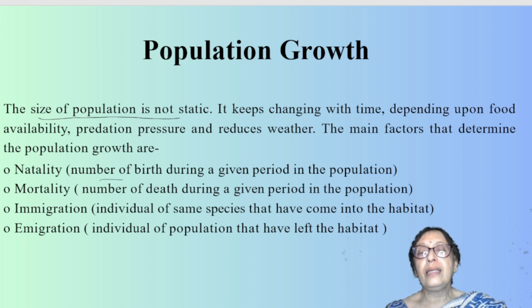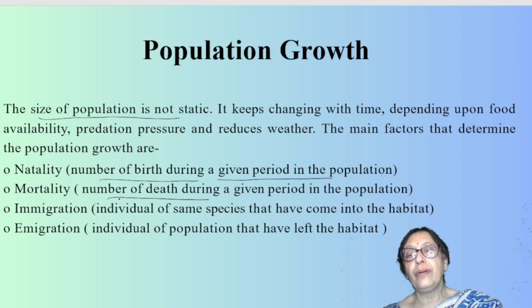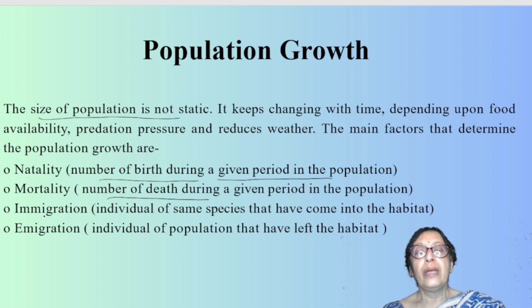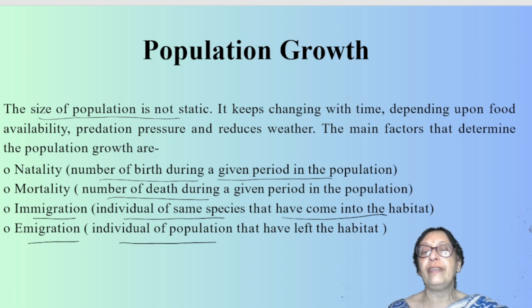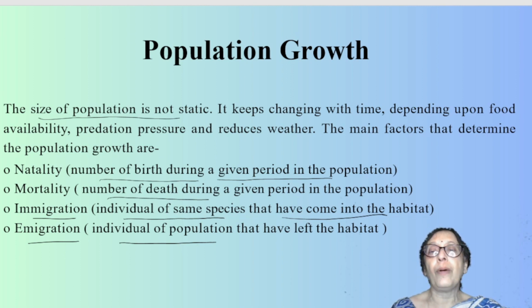Natality is the number of births during a given period in the population. Mortality is the number of deaths during a given period in the population. And two other factors are immigration and emigration. Immigration means individuals of the same species who have come into the habitat, and emigration is the individuals of the population who have left the habitat. So all these factors together control a population.